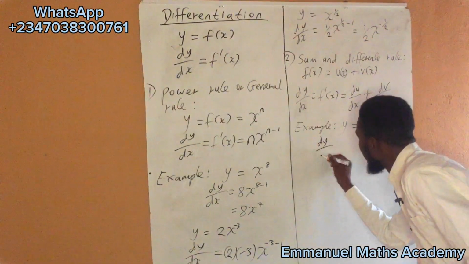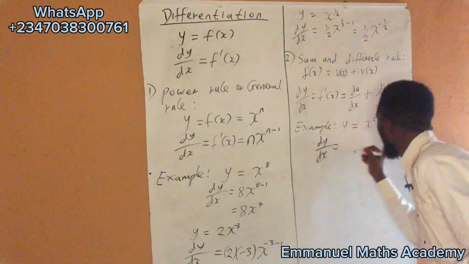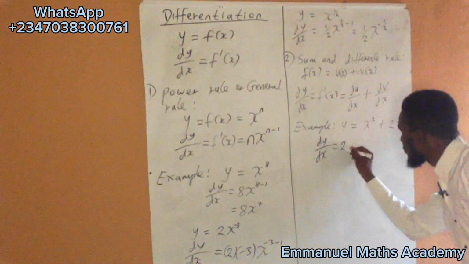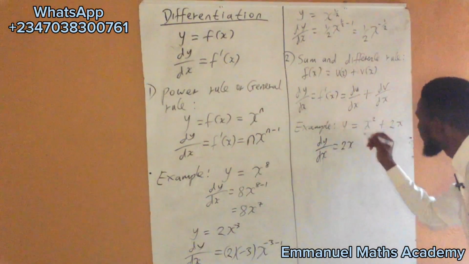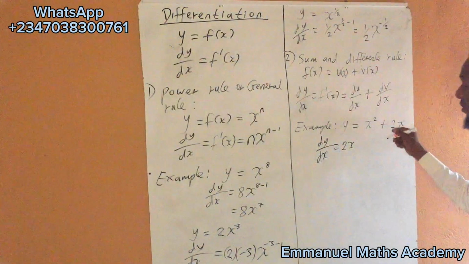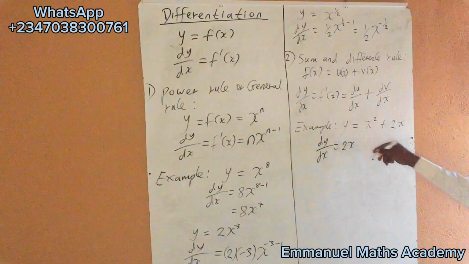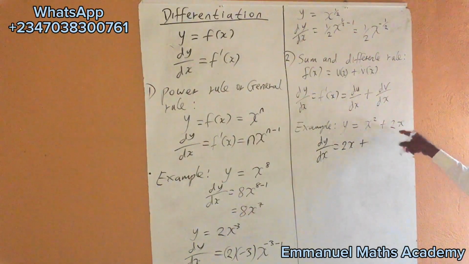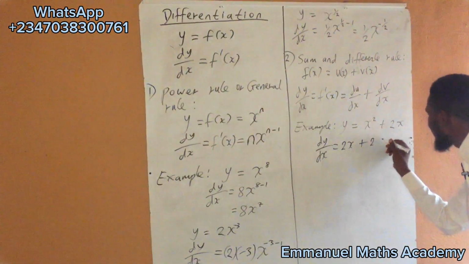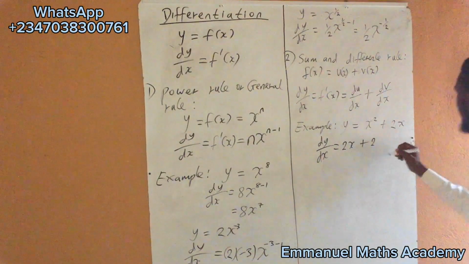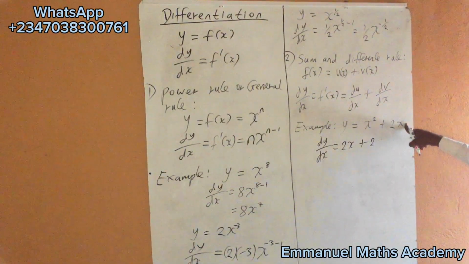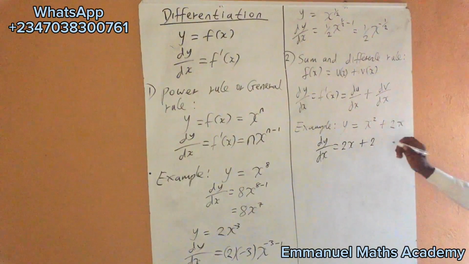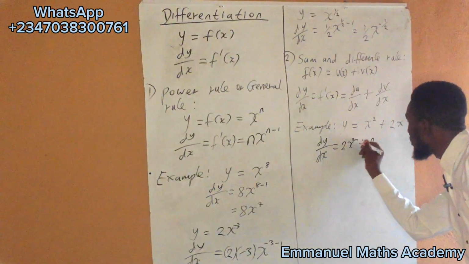Now, dy/dx equal to 2x. 2 minus 1 will give you 1. So we have 2x here, plus 2x. Oh, we have an invisible 1 here. Right? Don't worry, let's take it one step at a time. So here you have 2 minus 1.